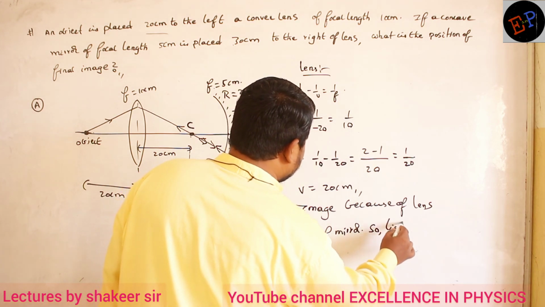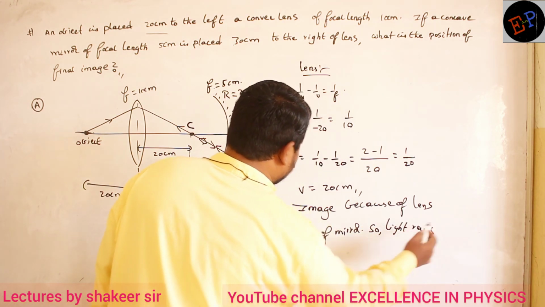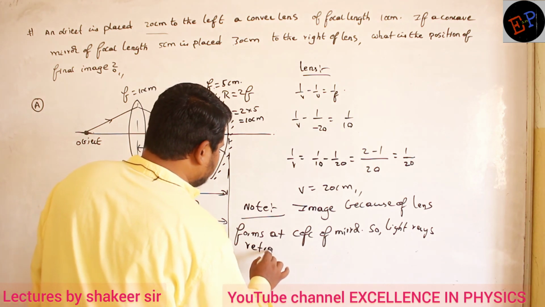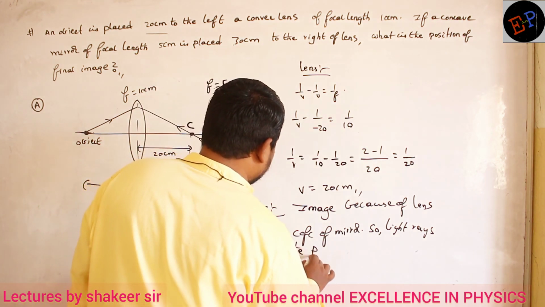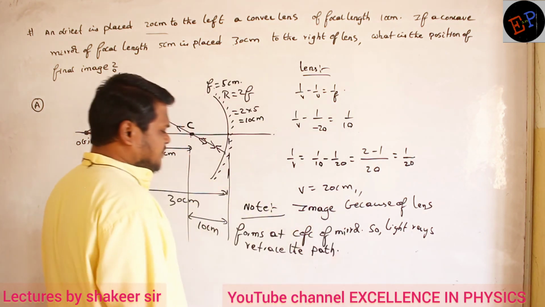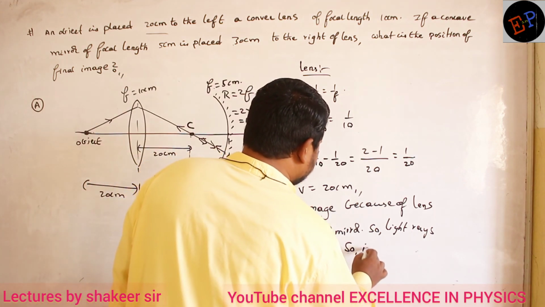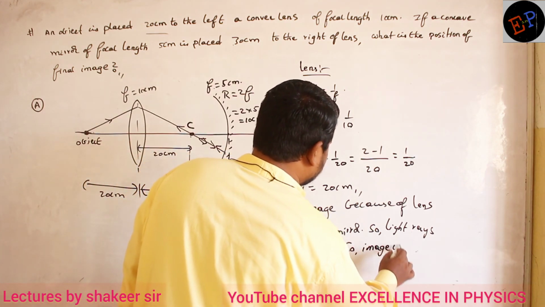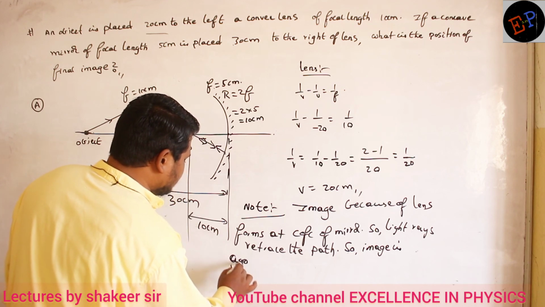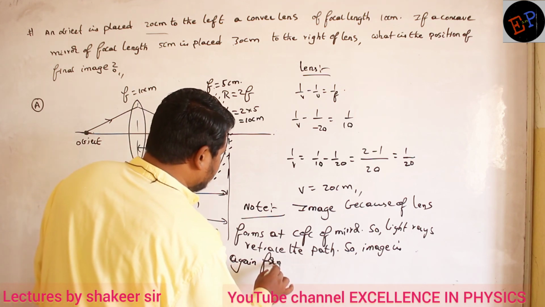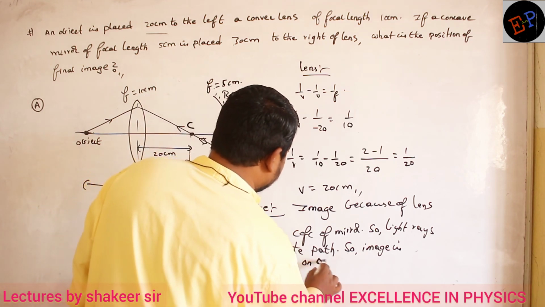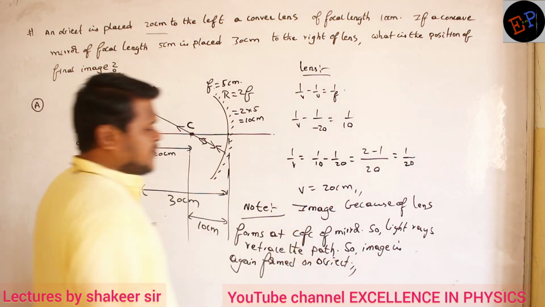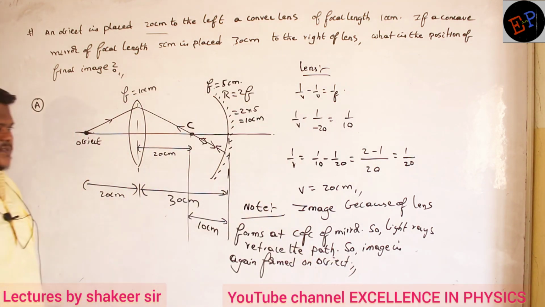So light rays retrace the path. Clear, no? So the image is again formed on the object itself. Fine. So that is my answer.